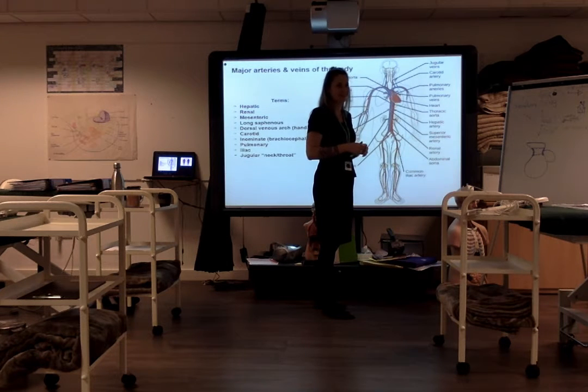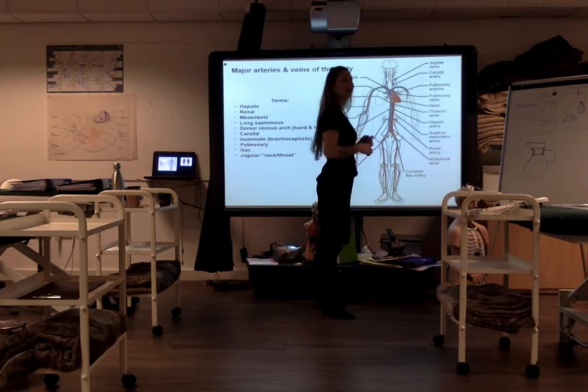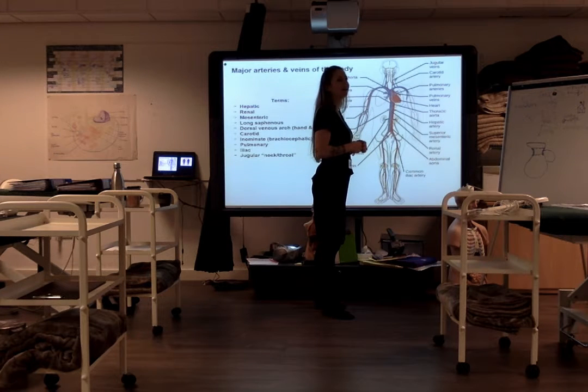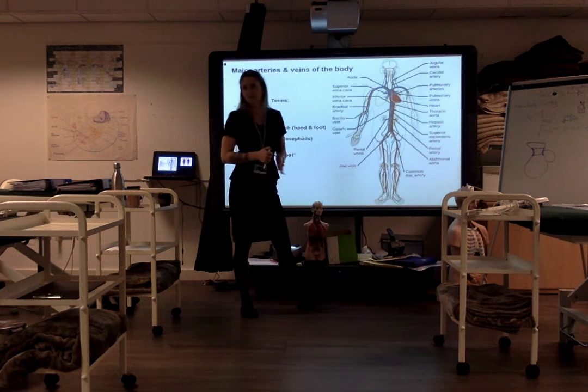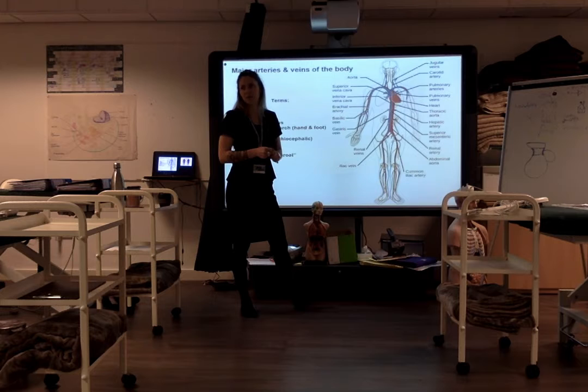The pulmonary vein must go to the heart, yes, from the lungs. Then we've got the thoracic aorta. What's the aorta? The main artery, A for artery, coming from the heart. It's the main artery in the body. It's in the thoracic region, we know that.